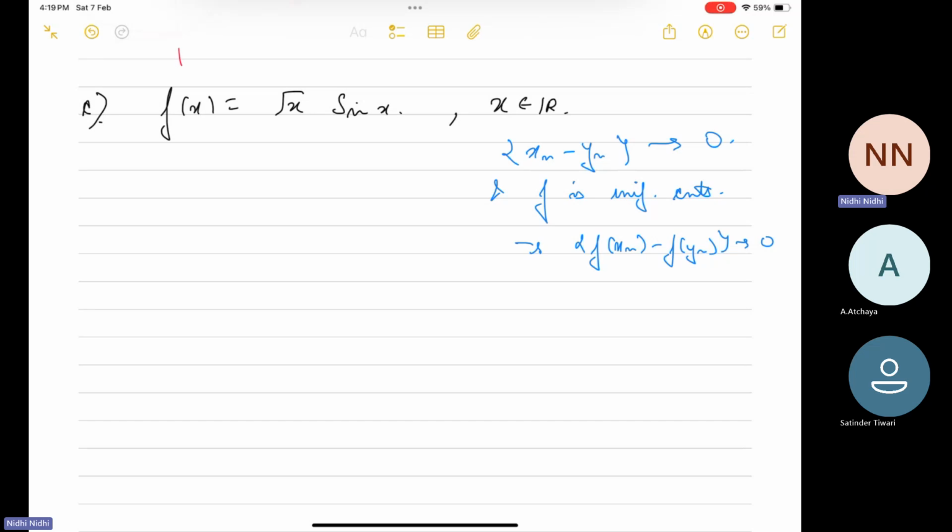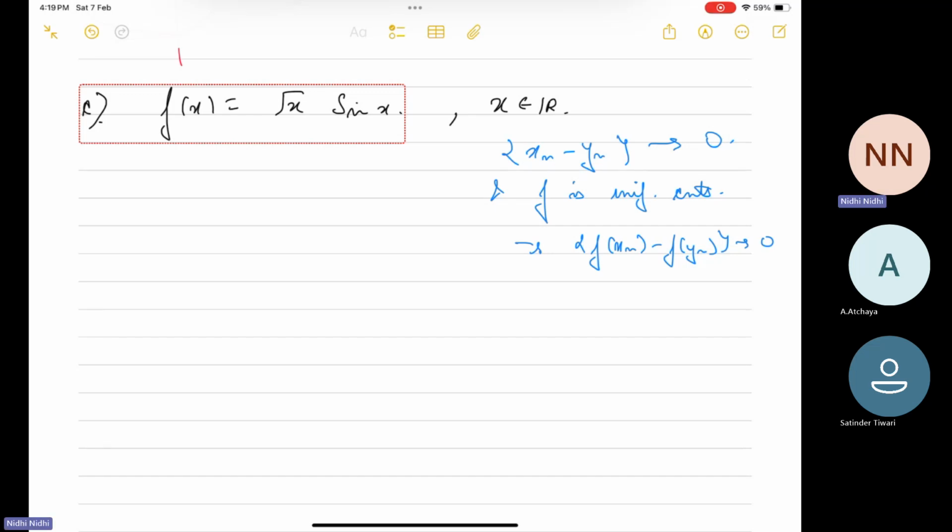Similarly, here for continuity, we take one point and see what happens in the neighborhood of that point x naught, whether the values are going to some point. And for uniform continuity, we take any two points, which gives almost the same or dependent difference in the values of the function.